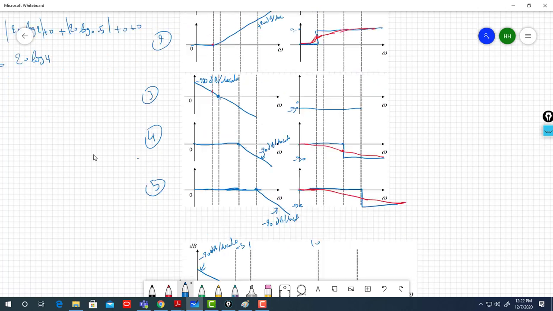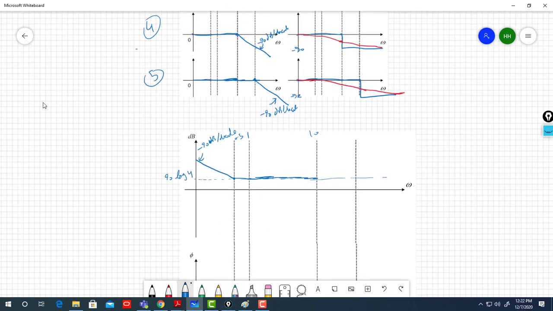So you put the slope of minus 20, and then minus 40 decibel per decade. But the question is at 50.